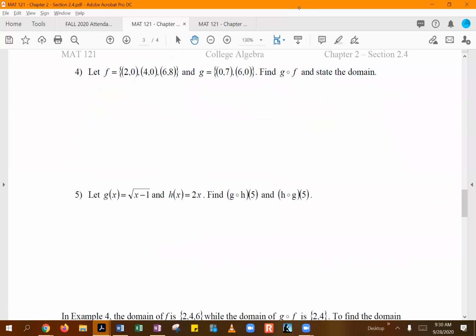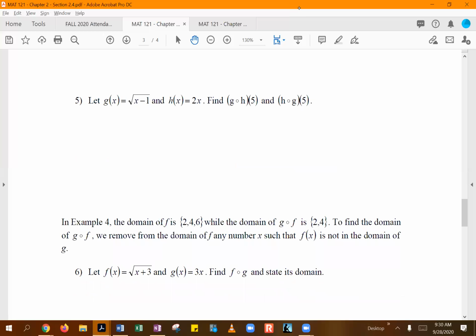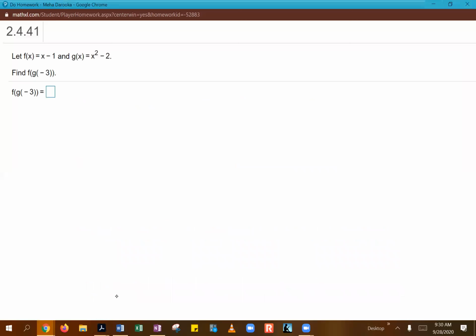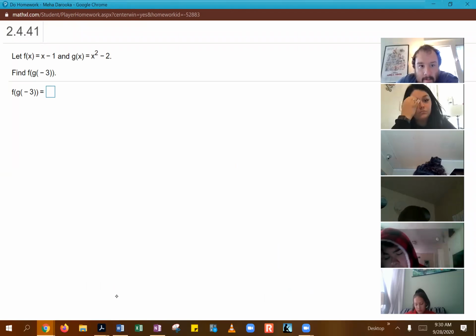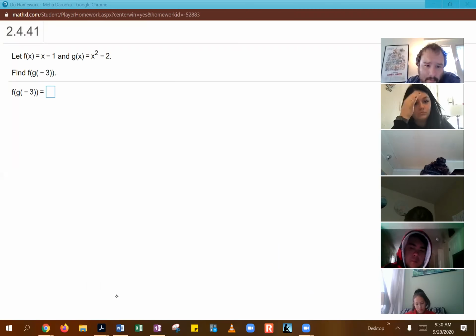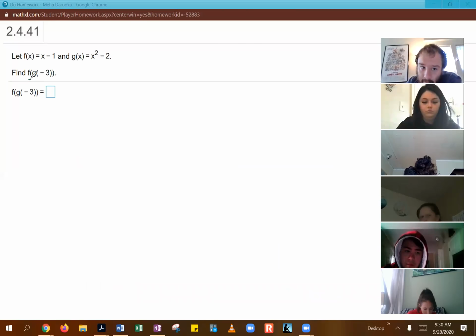I actually wanted to talk about this in terms of an example, and also highlight what happens with the domain of these functions. Starting out with a simple example over here, we are talking about composition with f of g of -3.